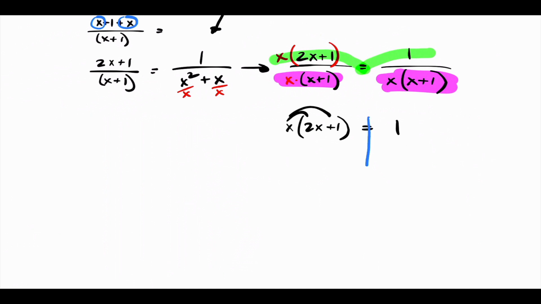Distribute. 2x squared plus 1x equals 1. Subtract 1 from both sides.